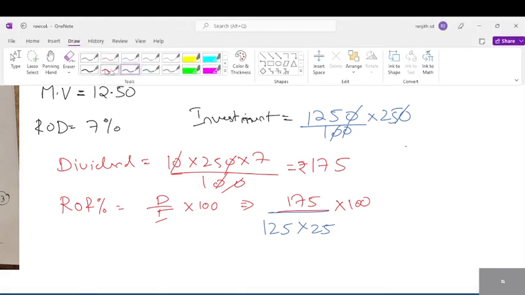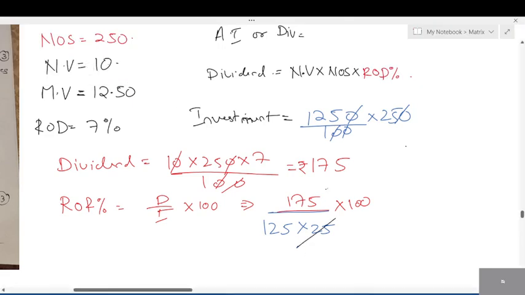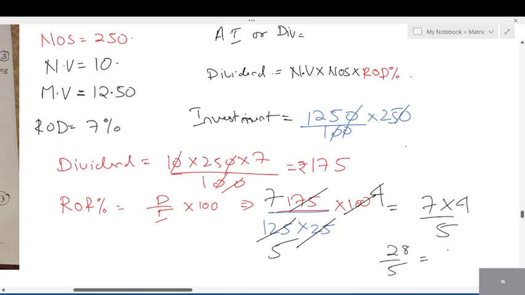So reduce this. When you reduce, what do you get? 25 ones are 25, sevens are 7. And here 25 fives are 125, fours are 4. You have 7 into 4 divided by 5. 28 divided by 5. Is it 1.4? Rate of return.